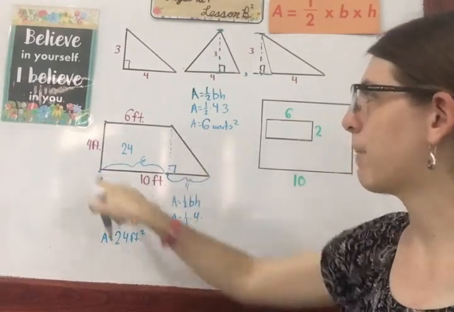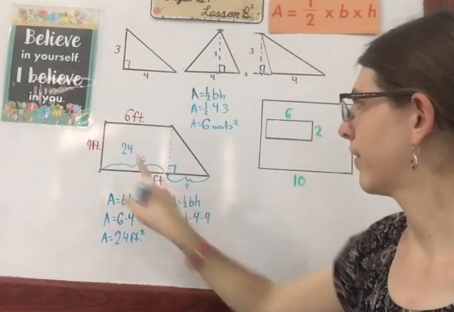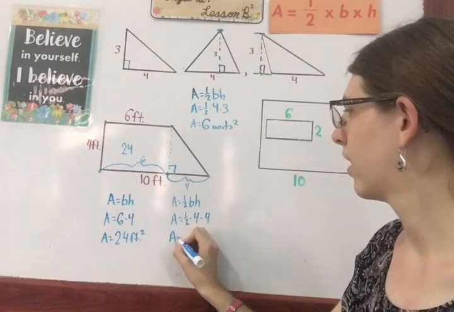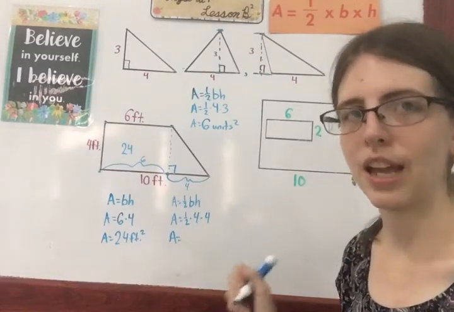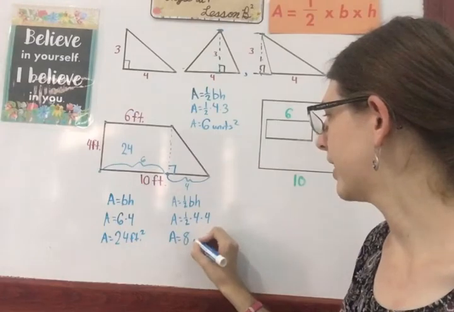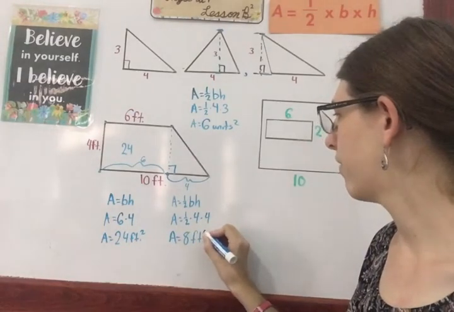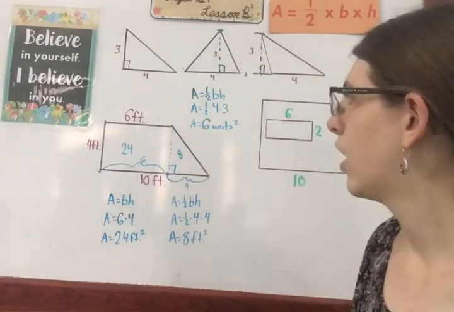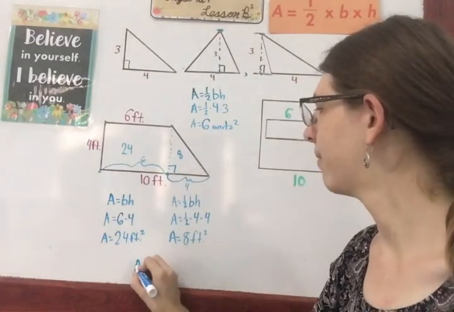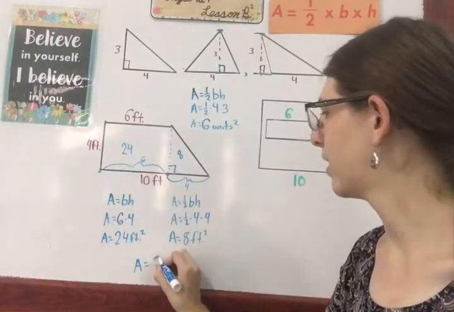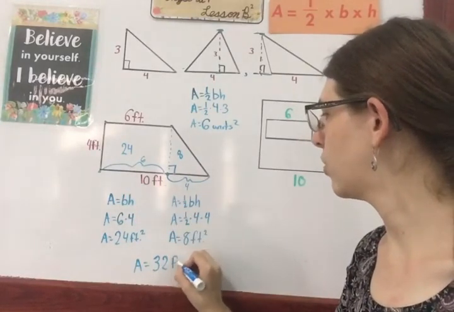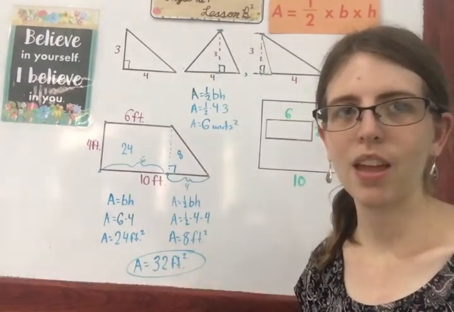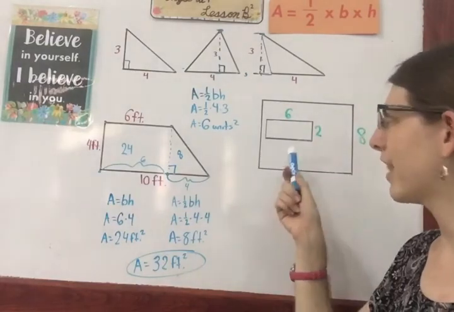My height from the top to the bottom is also 4, because this side over here is parallel, so it would be 4 feet. 1/2 times 4 is 2, times 4 again is 8 feet squared. So in total, my area is 24 plus 8, so it is 32 feet squared.